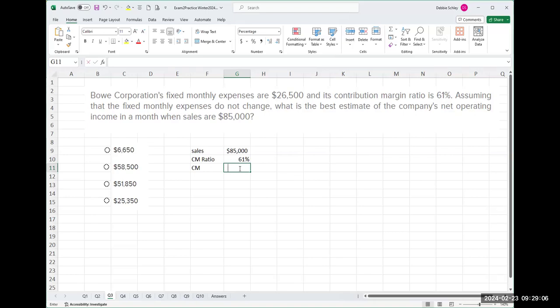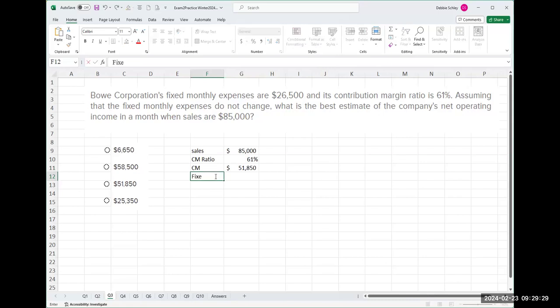So even though they didn't tell me my variable expense, I can still figure out my contribution margin by using the ratio. So I take the sales times the contribution margin ratio. Whoops, that's a dollar, guys. Just being super helpful. So my contribution margin then is 51,850, and they told me what my fixed expenses are. They were 26,500.